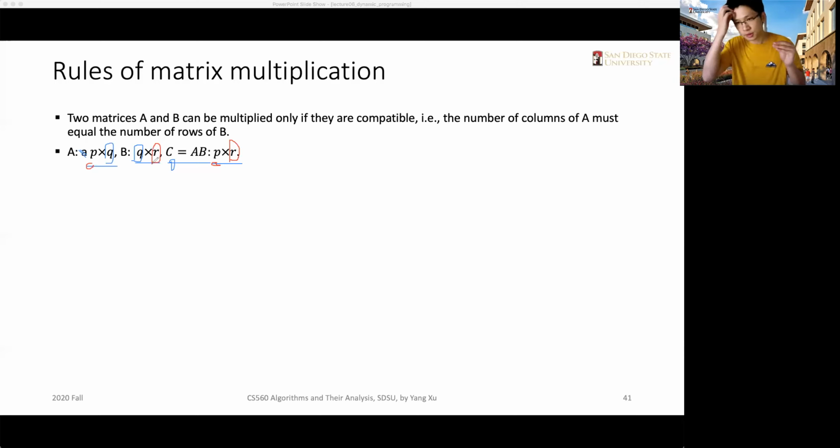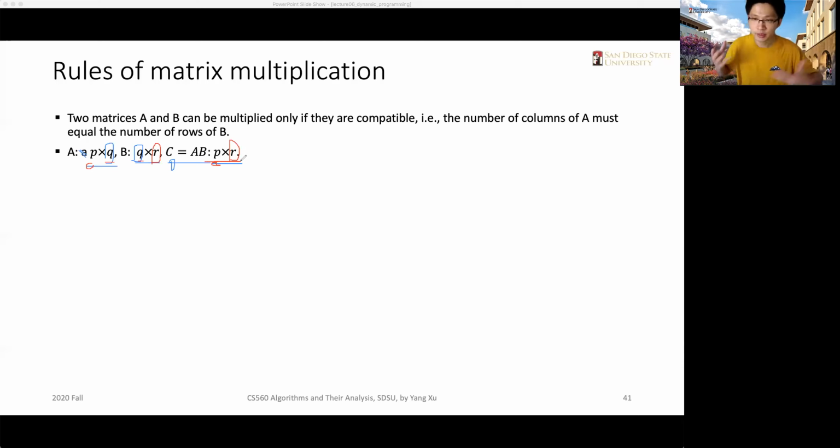P is the leftmost number in A, and R is the rightmost number in B. And the Q in the middle, the number of columns of A and number of rows of B, is eliminated in the final result.